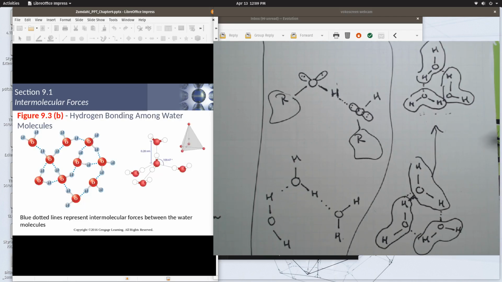So here I have over on the left a diagram derived from the book of this idea of hydrogen bonding water molecules, and again showing that each water molecule, each oxygen, has two hydrogens, and it's also hydrogen bonded to two other hydrogens nearby.